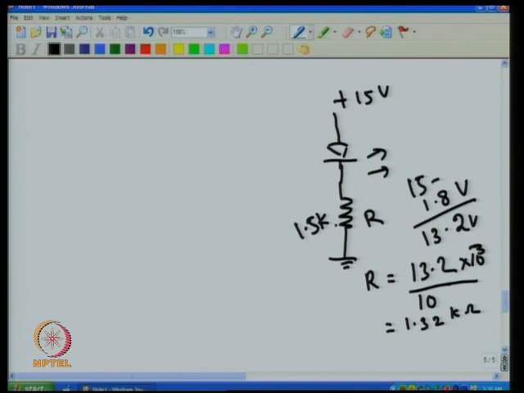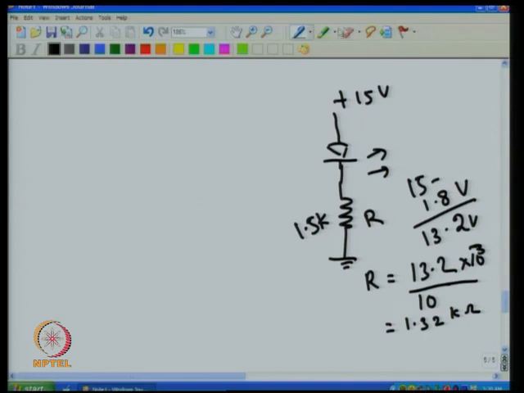The nearest resistance that is available is 1.5 K. If I want to make the LED glow, we have to calculate these things, and this type of calculation we will be encountering in analog circuits very often.